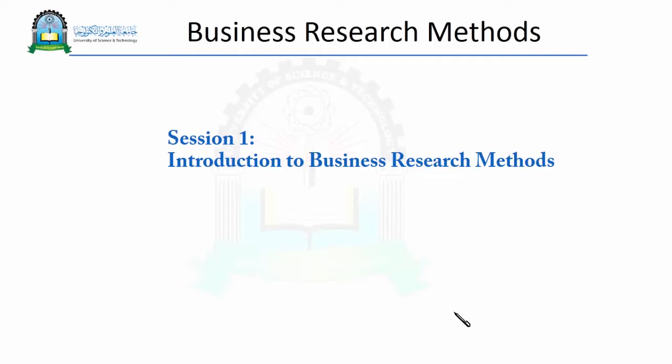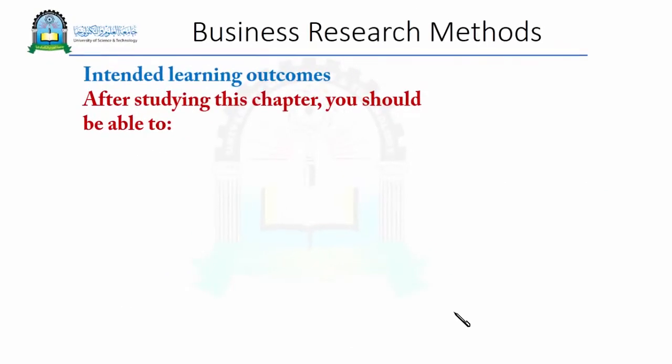Now let's start the first session, which is going to be an introduction to business research method. If I ask what is research and what are the characteristics of research, many other issues are going to be discussed in this course.